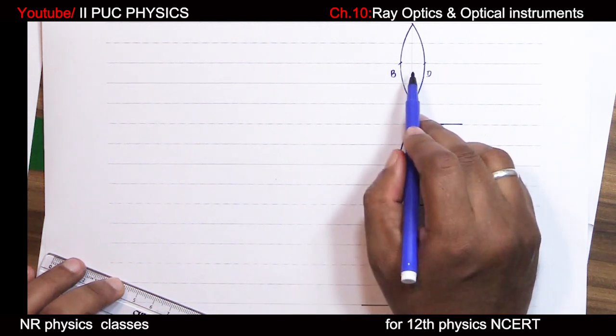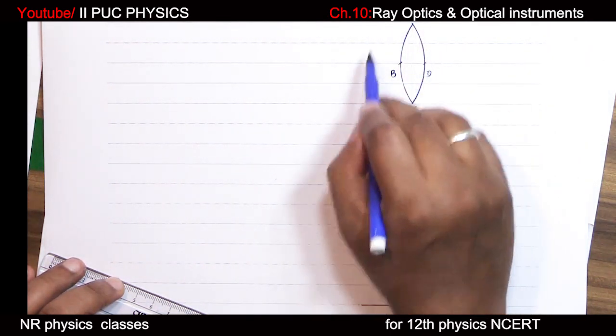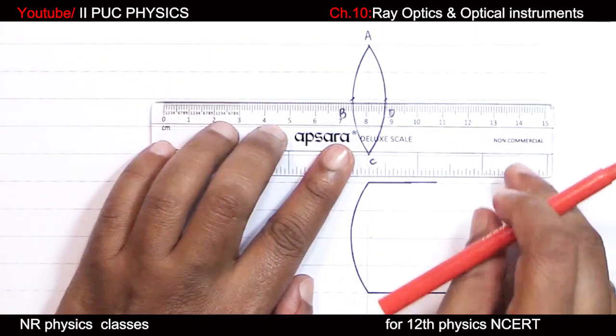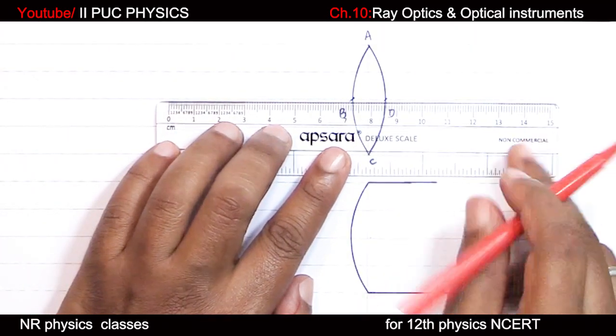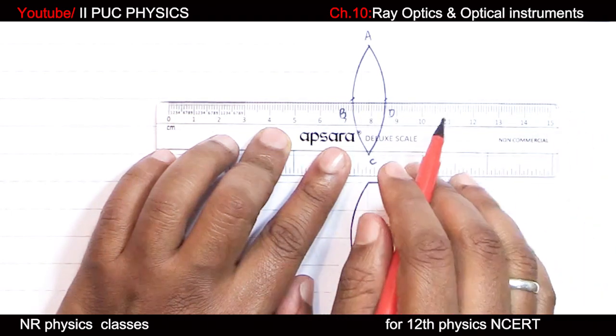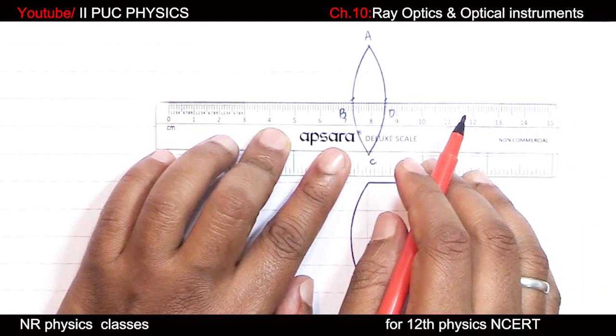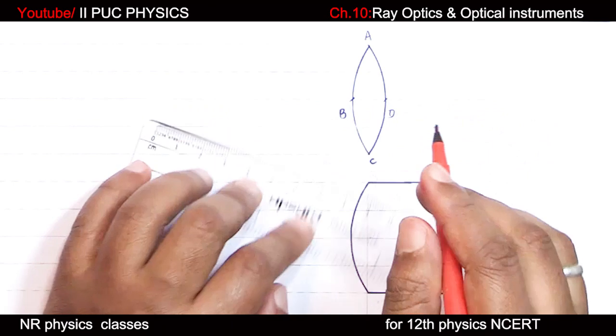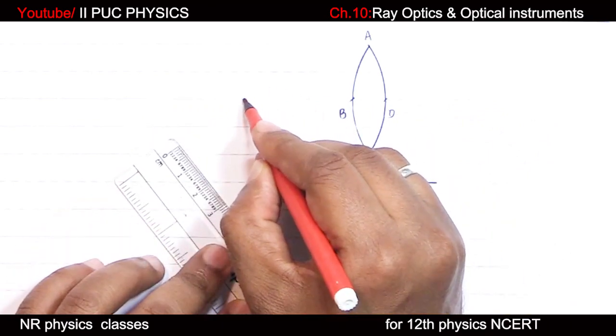Now, let us see refraction through this lens. Principal section, principal axis, let O be a point object.